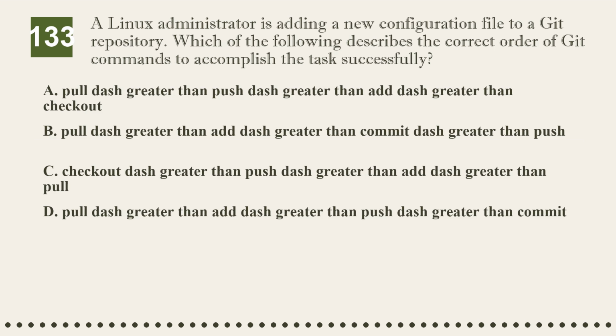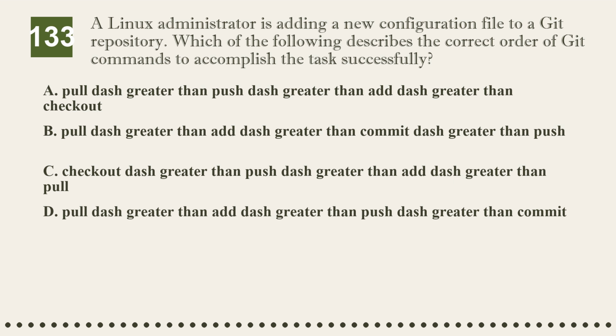Question 133. A Linux administrator is adding a new configuration file to a Git repository. Which of the following describes the correct order of Git commands to accomplish the task successfully? Option A, pull > push > add > checkout. Option B, pull > add > commit > push. Option C, checkout > push > add > pull.